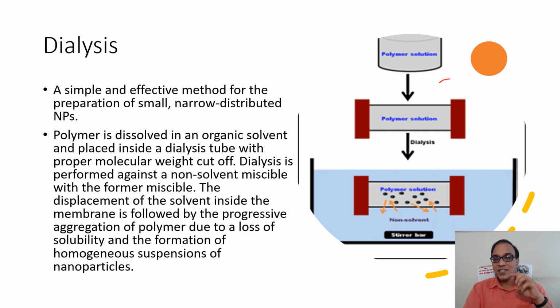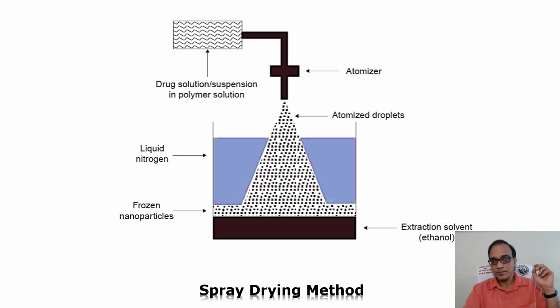The displacement of the solvent inside the membrane is followed by the progressive aggregation of the polymer due to loss of solubility, and at the last stage you will get a homogeneous suspension of nanoparticles. So in the dialysis tube, we add the polymeric solution in the organic solvent, and after dialysis, a homogeneous suspension of nanoparticles is obtained.